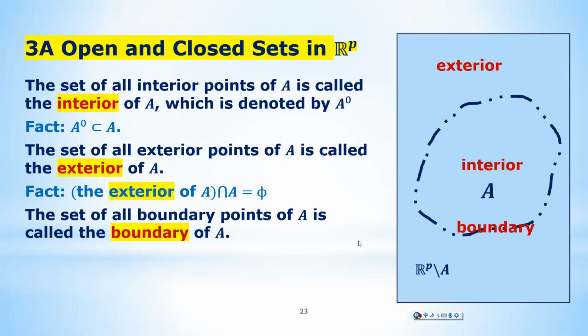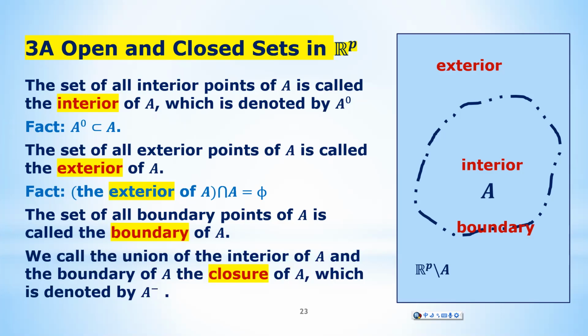So you can see this concept is very important: exterior, interior, and the boundary. The next thing we are going to define: we call the union of the interior of A and the boundary of A the closure of A. You take the interior and the boundary points together.